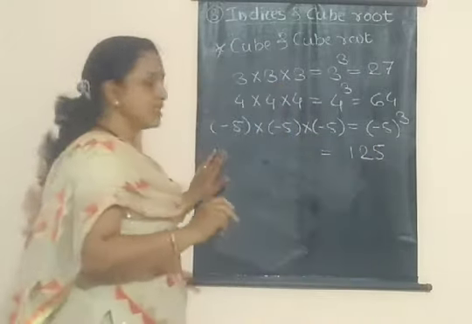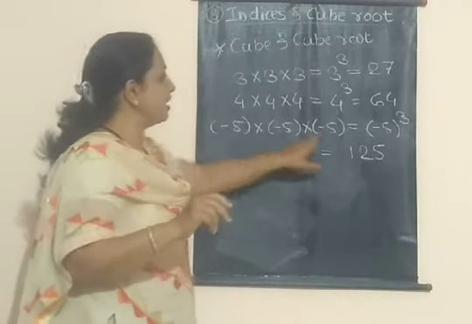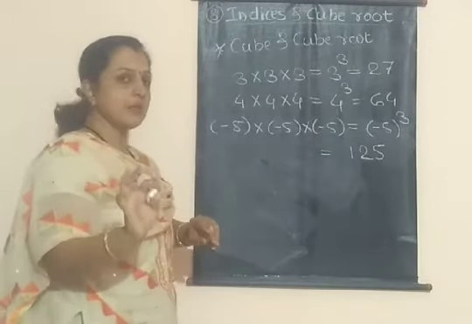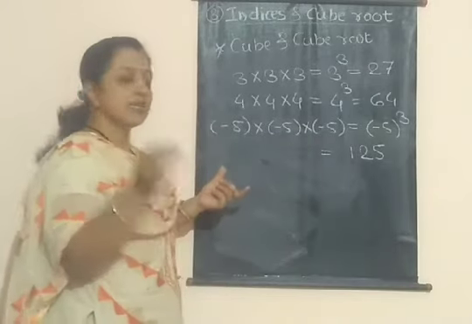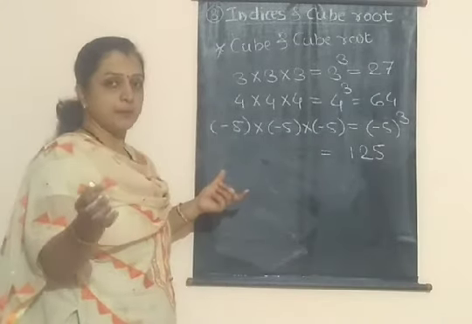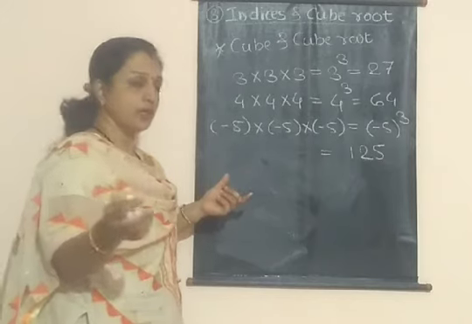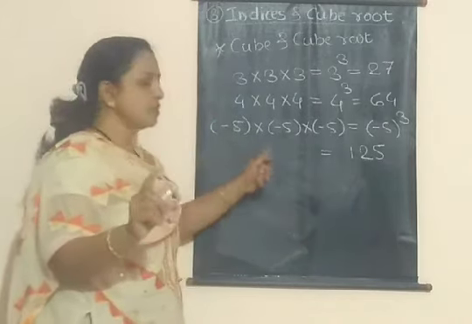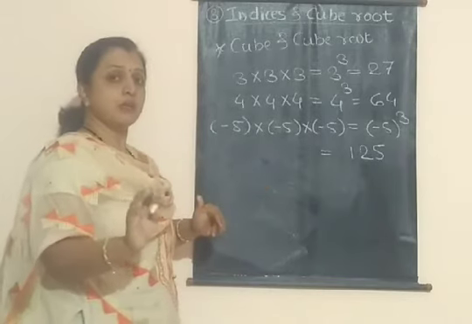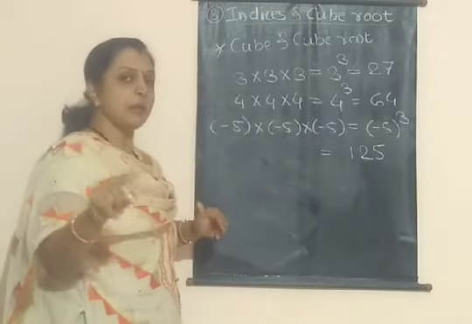But now what about the signs? Here there are 3 negative signs, and always remember, in case of a product, when the negative sign comes an odd number of times, the answer should be negative. And if the negative sign comes an even number of times, then the answer will be positive.